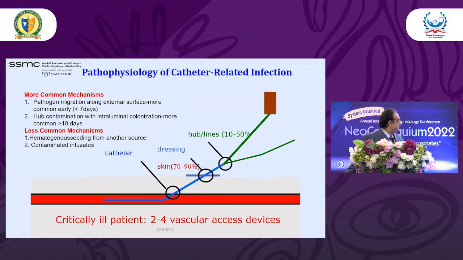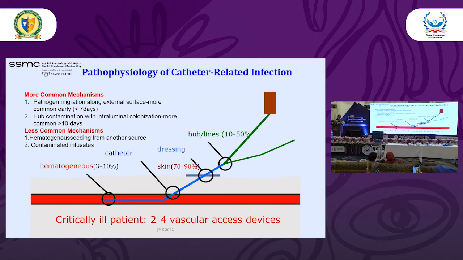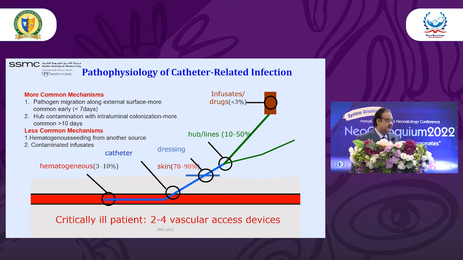Okay. Then hub and the lines is 10 to 50%, and the hematogenous is only 3 to 10%. So the mostly is your sterile techniques. Okay. If you are doing aseptic techniques, you can do it. And infusate is less than 3%.